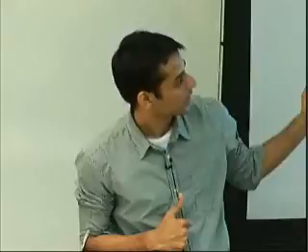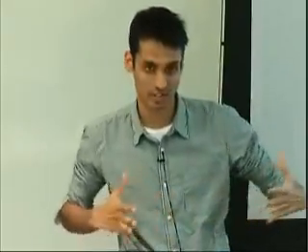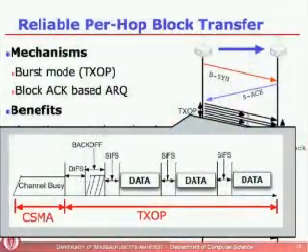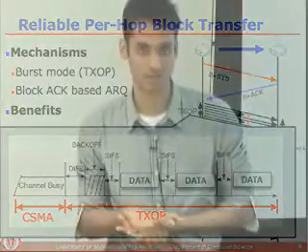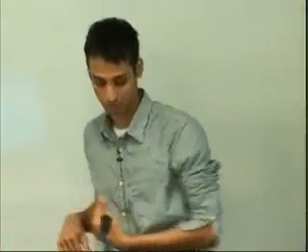After the handshake, the transmission itself proceeds through a bunch of transmission opportunities or TXOPs. Each TXOP in 802.11 A, B, and G, the implementation allows for about 6 to 8 frames without carrier sense. But there is carrier sense in between TXOPs. We had to do this because we didn't have access to N, which allows a whole really big jumbo frame to go without any carrier sense in between.